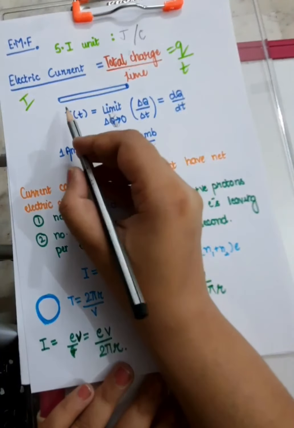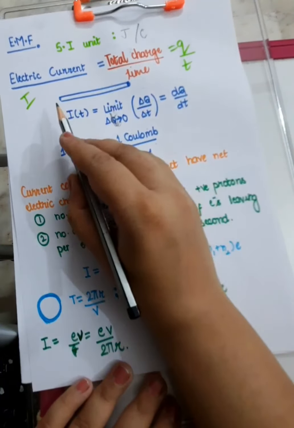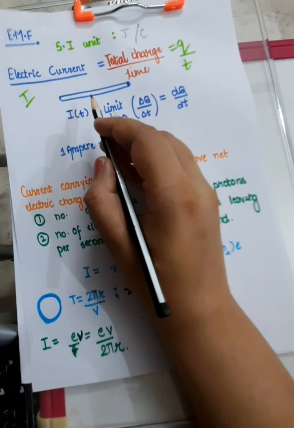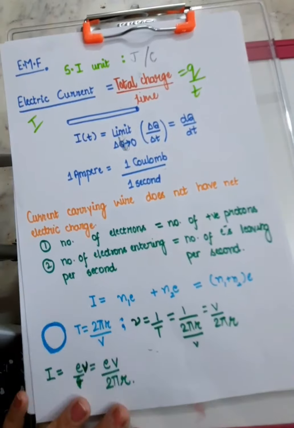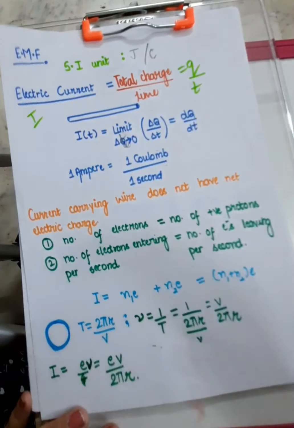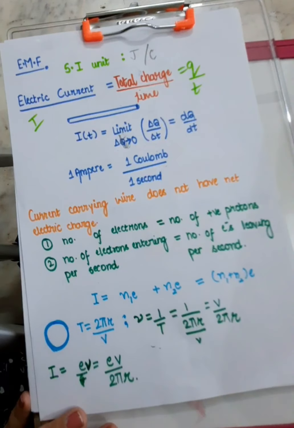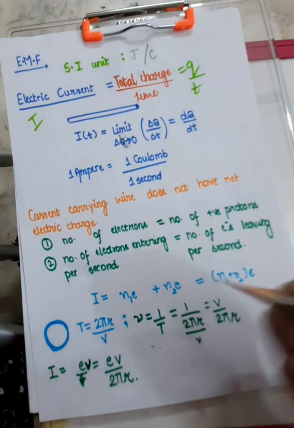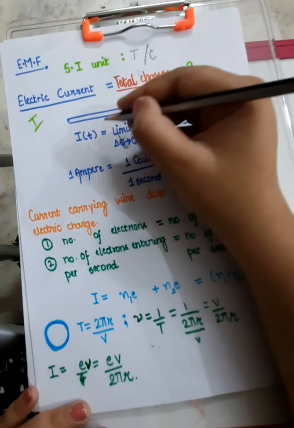Why? Because if this wire is having so many free electrons in it, then it would also be having the protons, the positive ions also, because the entire wire is made up of atoms.